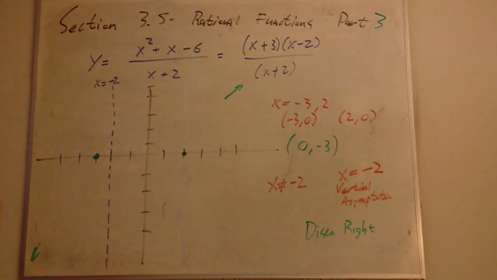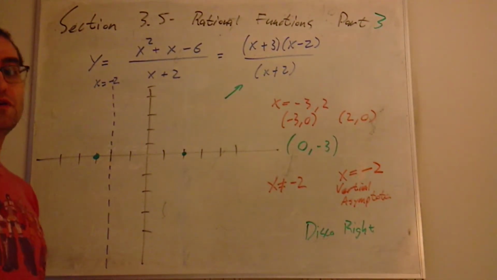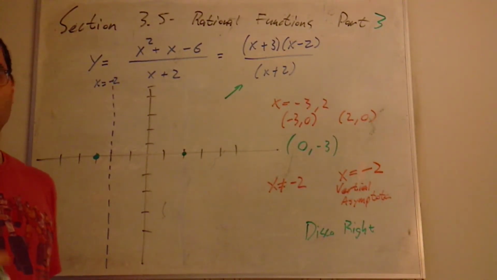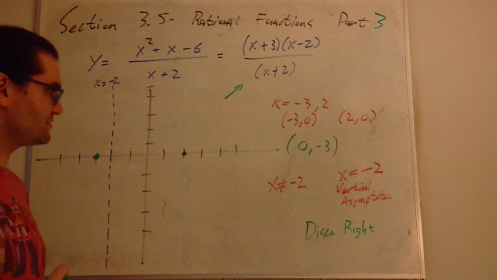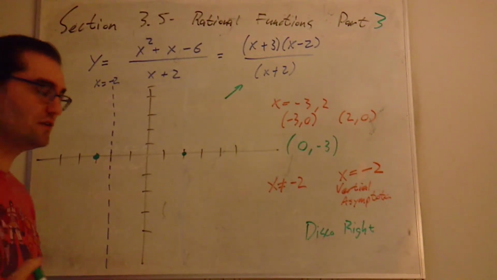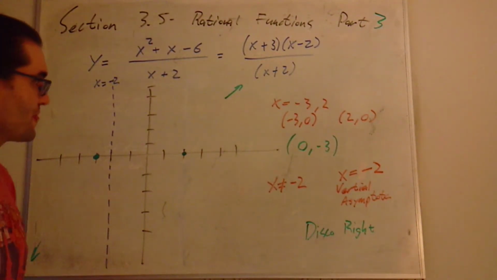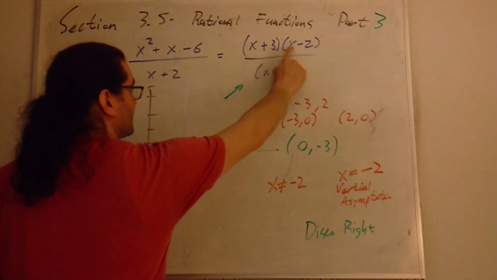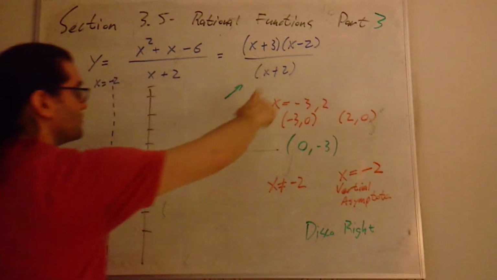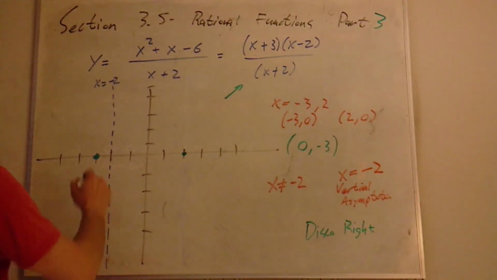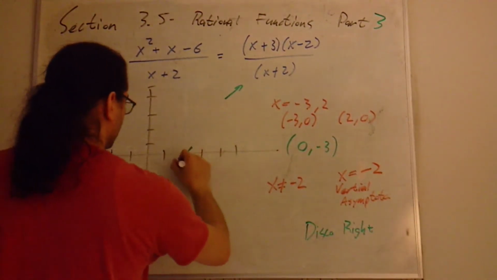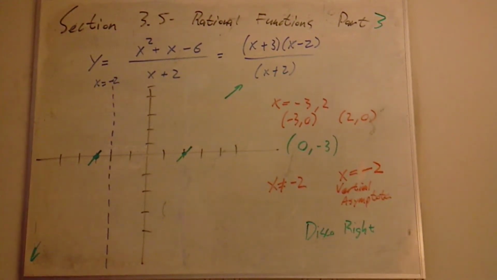Okay. So we can remember from our lesson on polynomials about the multiplicity of x-intercepts and what that means about them crossing or bouncing. Both of these factors have multiplicity 1, which means that the function crosses at both of these intercepts.